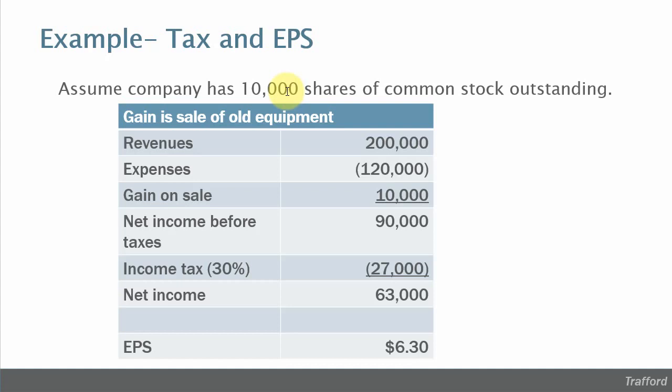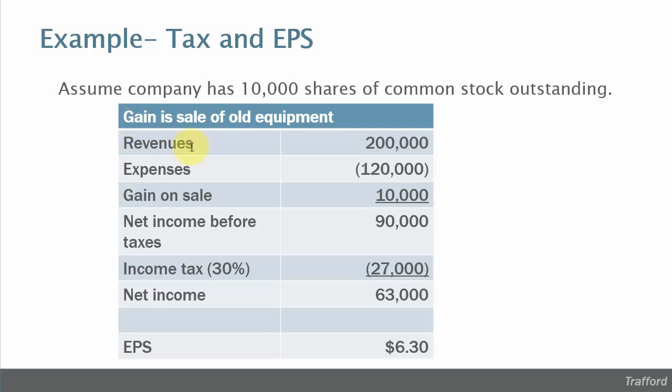They had a $10,000 gain during the year, and in this example we're going to assume that the gain was just from the sale of some old equipment, and that type of gain, of course, would not qualify as a discontinued operation. It's just one other item that's listed on the income statement.